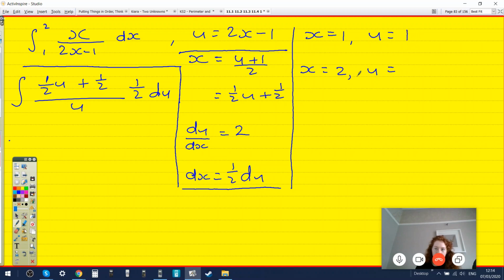Yeah. When x equals 2, what does u equal? 3? Yes. And so when you're integrating with respect to x, it's between 2 and 1. When you're integrating with respect to u, it's between 3 and 1. Okay.